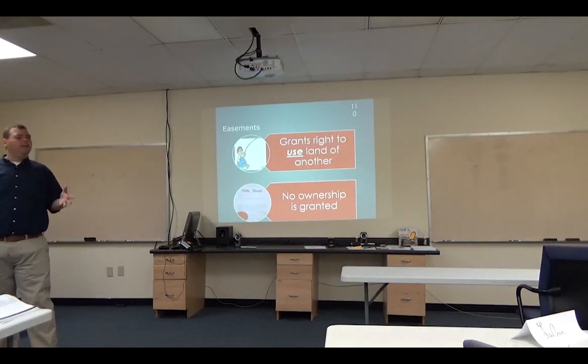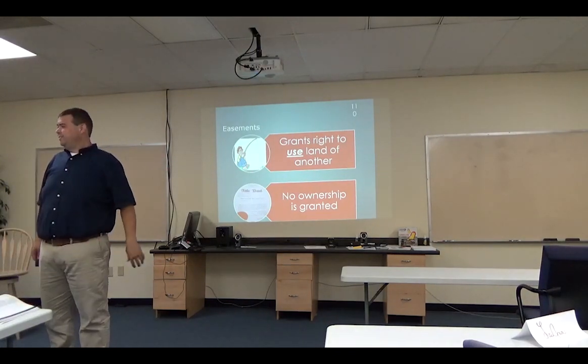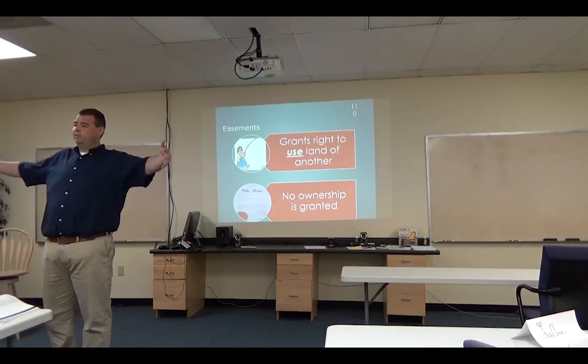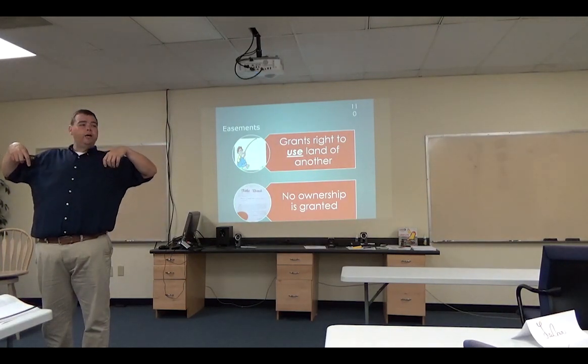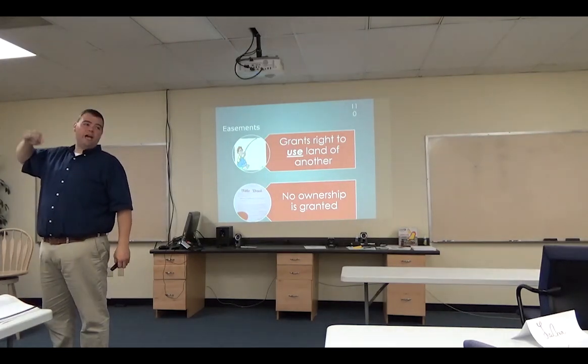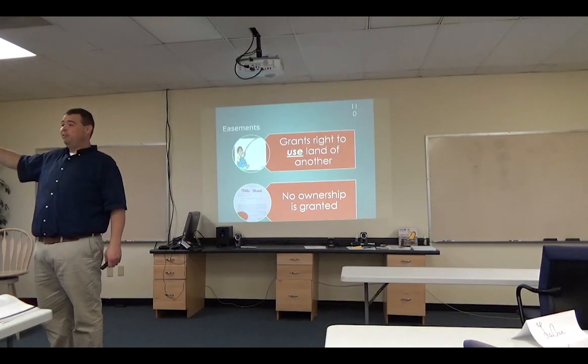Sometimes it's selling. An example of an easement you might sell: if you have railroad tracks, and the railroad company maybe owns the tracks themselves, but they don't want to buy this narrow strip of land where the tracks run through, they may just purchase an easement for the tracks.